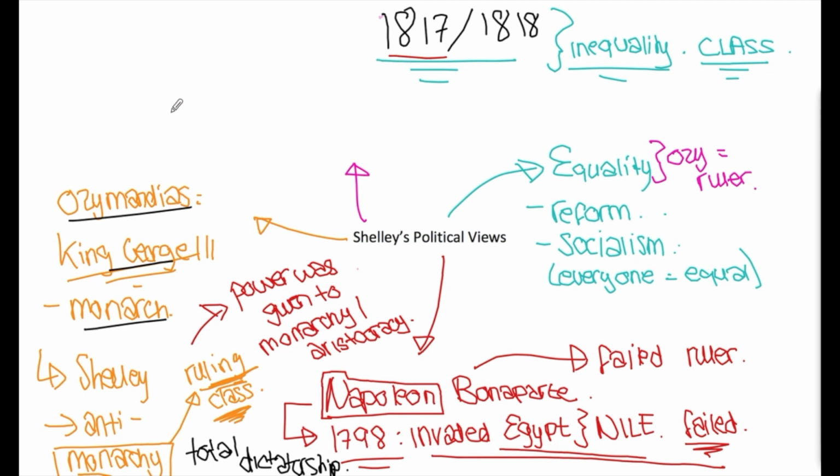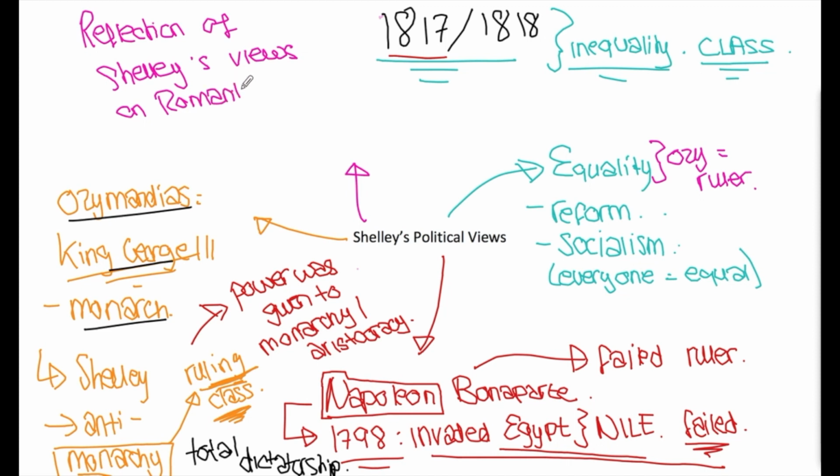So the last thing I'm going to point out, one more thing which could reflect Shelley's reasons for writing Ozymandias, is that the poem could be a reflection of Shelley's views on romantic poetry. Now, we have talked a little bit about the fact that Shelley was a romantic poet, his belief in the sublime power of nature.